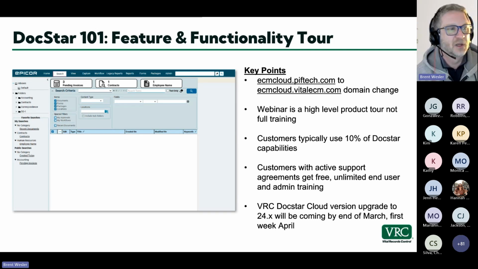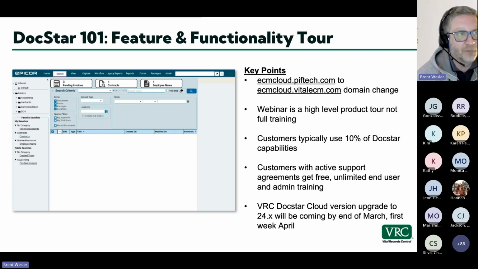If you have any questions, the new support line is Docstar support at vitalecm.com, and that's how you get in touch with us. I will say we are adding a phone number. I know that's been frustrating. I'll be your escalation point. If you're not getting the level of service you need, please reach out to me and I'll make sure that you do.